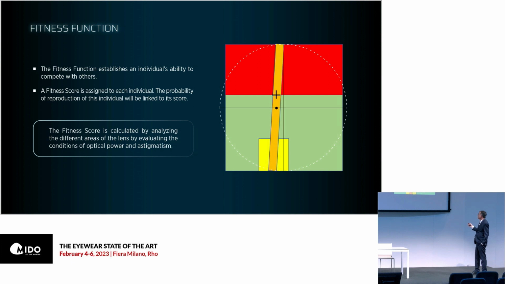Another advantage is that when I say that one specific design is good in far vision, the red area that I'm showing here, that means it's good in both astigmatism and power. Because as you know, when you move from the center to the periphery in a progressive lens, the power increases, becoming positive.